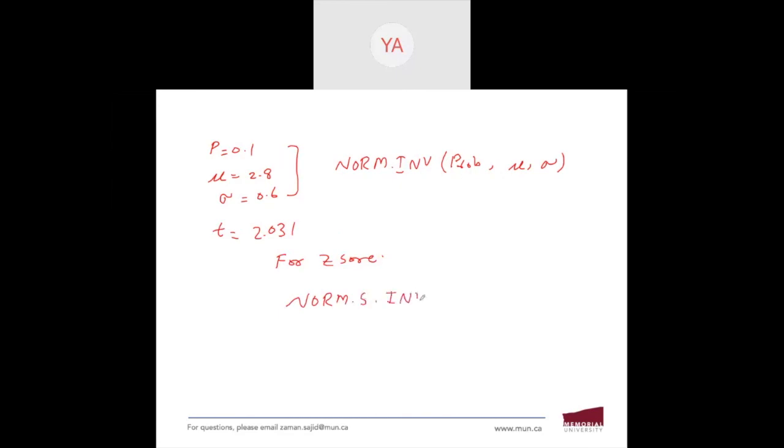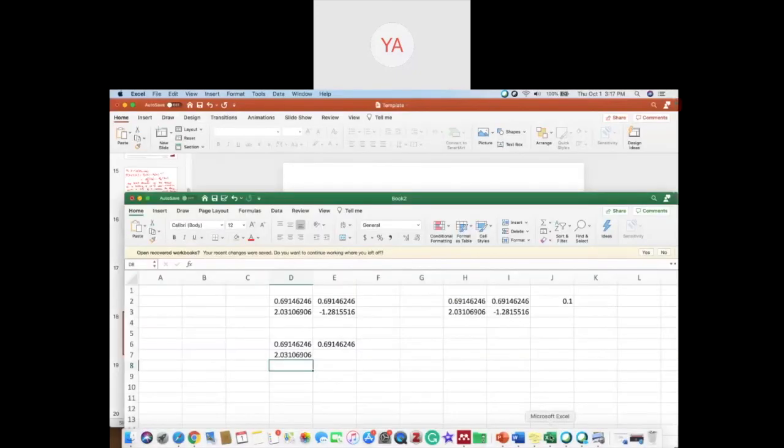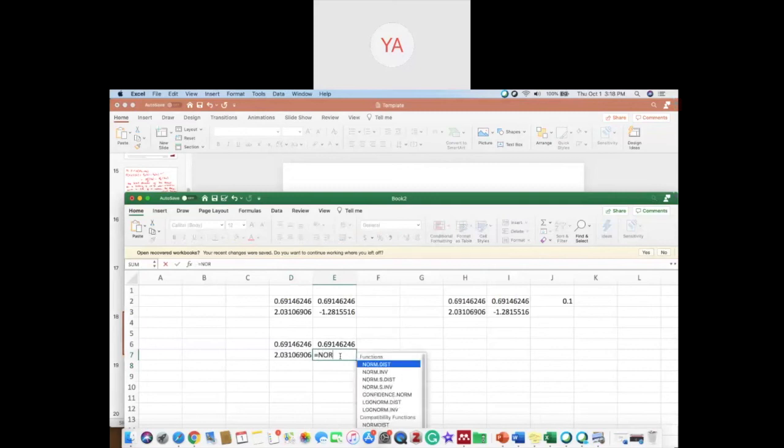Now, if you want to find out the z-score, you can use NORM.S.INV. And you just need to provide your probability value here. This is your probability value, 0.1. So let's see. I go here, I type the command NORM.S.INV. Now you see it's asking me the probability value.